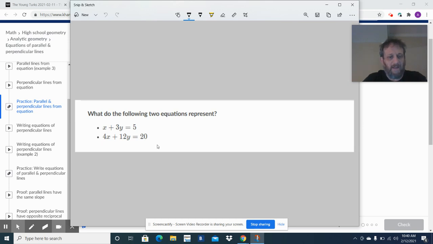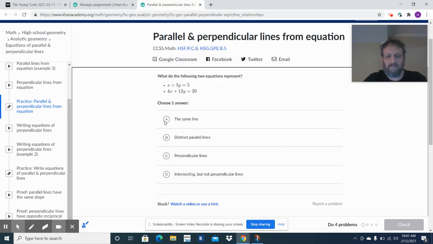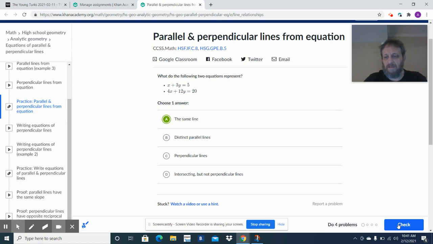So if I divide everything here by 4, what is yielded is x plus 3y is 5. And therefore, I have the exact same equation. So this is clearly a case of the same line.